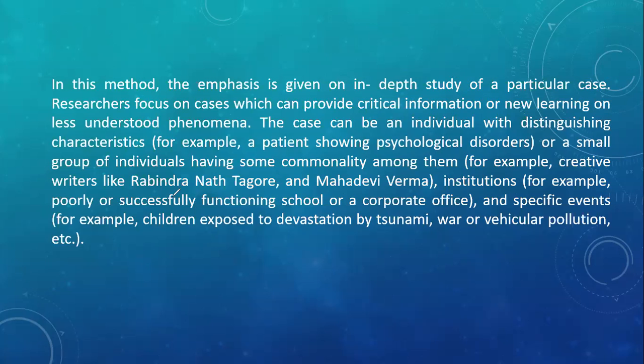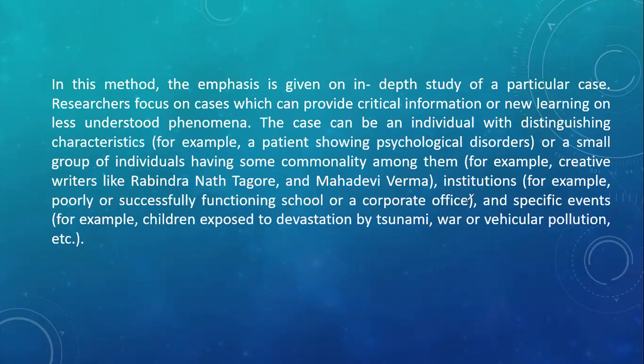Here, say there are revolutionary writers like Rabindranath Tagore, Mahatma Gandhi. He has influenced a lot of the public. Rabindranath Tagore, who wrote the national anthem, and Mahadevi Verma, is one such famous person in influencing people. And then institutions, for example, a poorly or successfully functioning school or a corporate office.